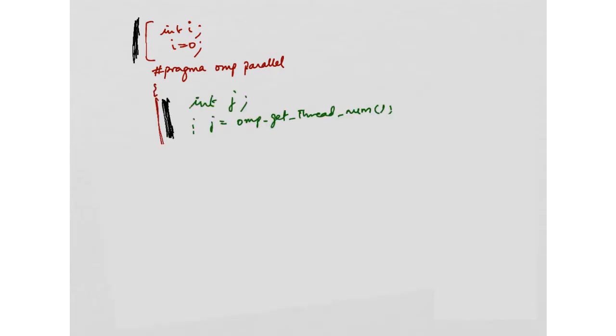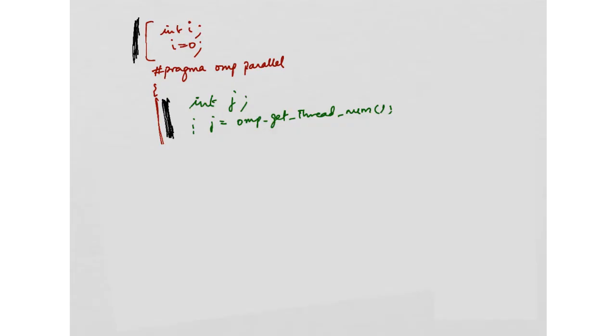So here is some data that I've defined, right? Let's say int i, and then I say #pragma omp parallel, and inside this now I say int j, okay?